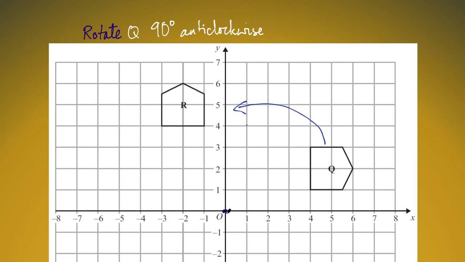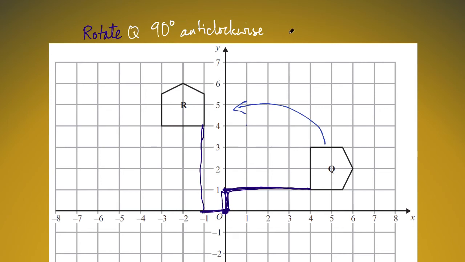Okay, so let's just check that rotation. Used to be like that. You can do this by drawing an arm, like an arm bracket, from what you think is the center of rotation. If I rotate that 90 degrees anti-clockwise, I have that same arm, which is 1 across there and 4 up, and it takes me to the same part of the other shape. So that's a rotation.